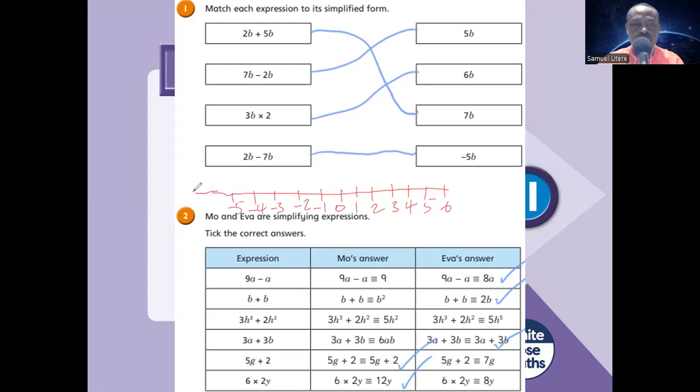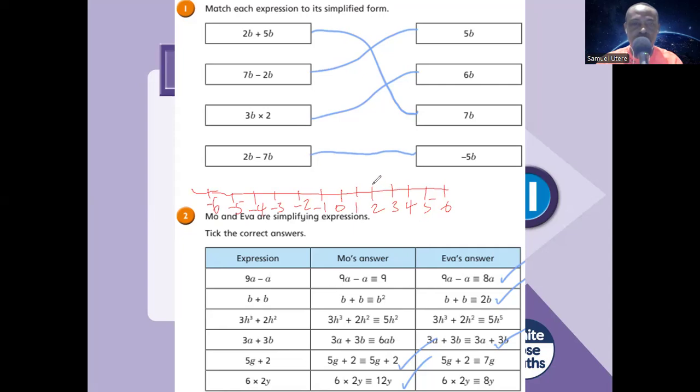I can carry on as long as I want. I just need to draw exactly what I need to solve the problem. Let me use blue. So we have 2 minus 7. Let's work that out, and then we'll put the letter in front, right? Because it's just numbers with letters in front. So we have 2 minus 7b.